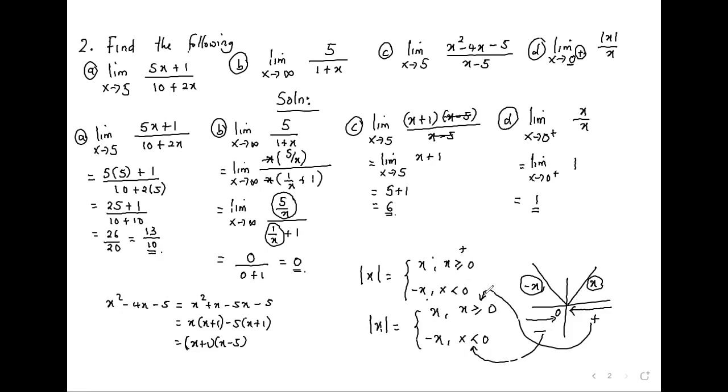Okay, so sir, what you're trying to say is that what will determine whether we're going to pick the positive or the negative is the limit given, is that plus there? Yes, it's this plus. If you find the plus there, you pick the greater part.